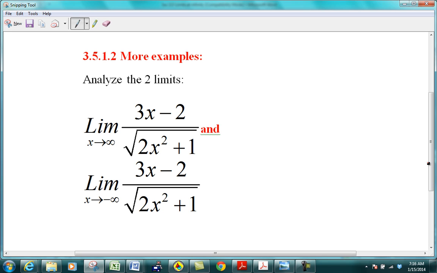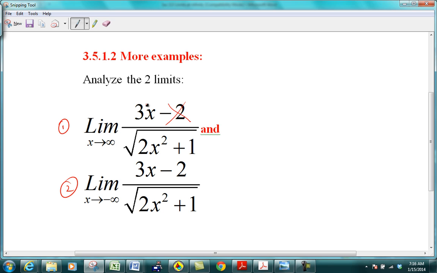For the first problem, let's call these number 1 and number 2. You want to examine the limit of (3x minus 2) over the square root of (2x squared plus 1) as x approaches infinity. As x approaches infinity, this minus 2 really doesn't contribute much to 3x because x is becoming a huge number.